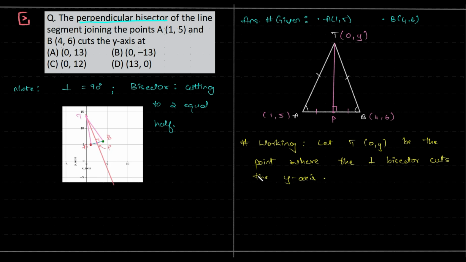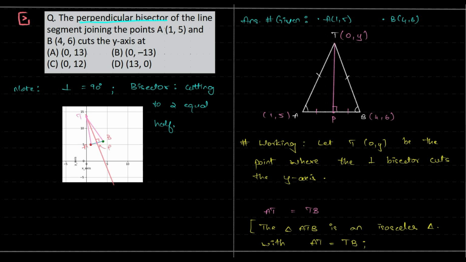Okay guys, then we can say AT is equal to TB. Reason: the triangle ATB is an isosceles triangle with AT equal to TB. Why is that?